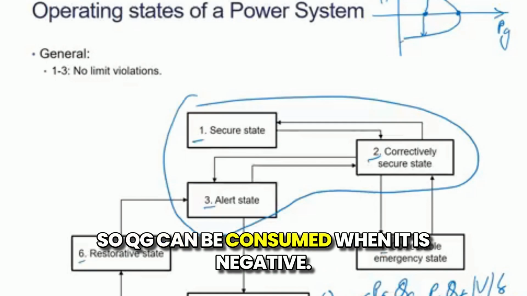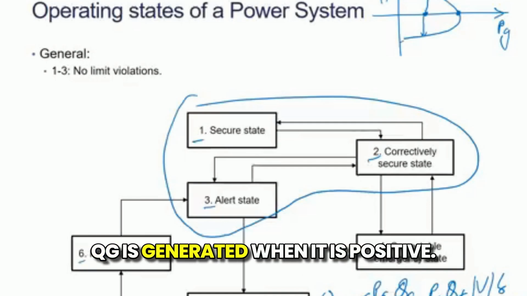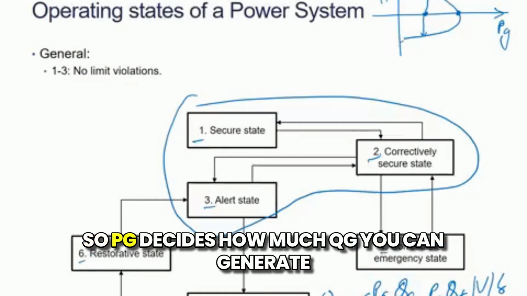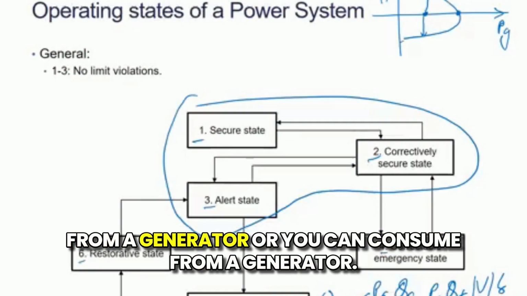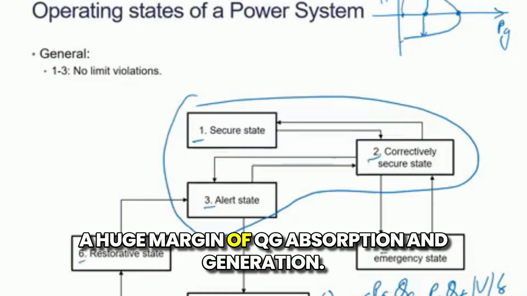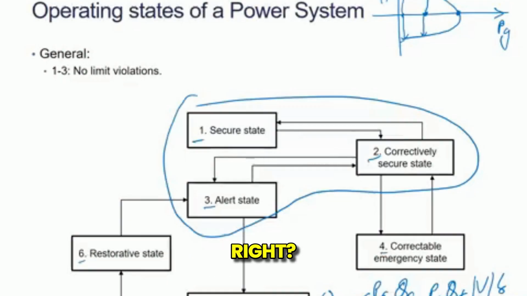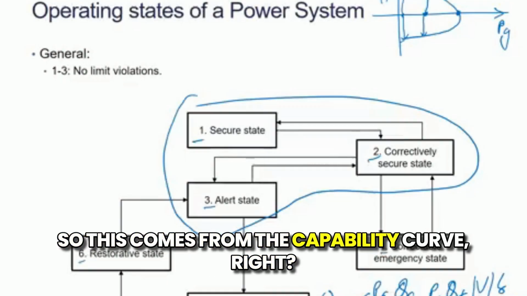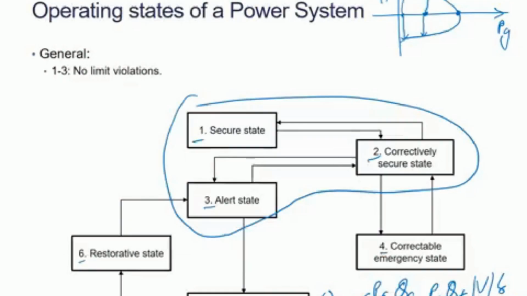So QG is consumed when it is negative, and generated when it is positive. PG decides how much QG you can generate from or consume with a generator. If PG is very low, then obviously you have a huge margin of QG absorption and generation, right? This comes from the capability curve.